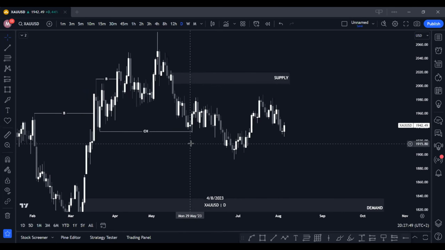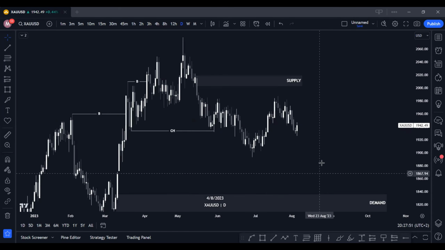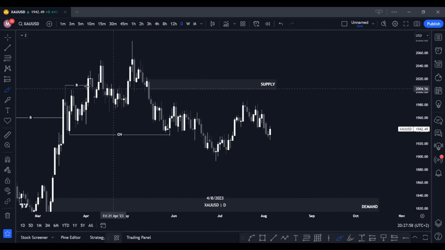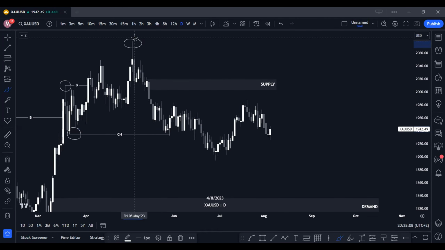As you can see here, this is going to be our higher high, this here is going to be our higher low, and this here is also going to be our higher high.